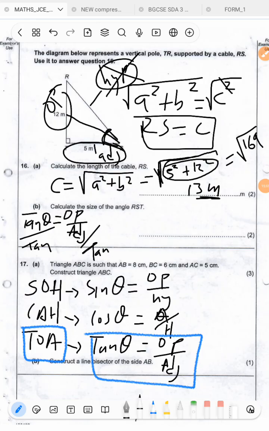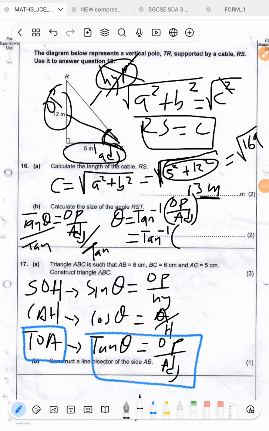When you divide by tan, it becomes theta is equal to tan inverse. You always write it like this: tan inverse of that fraction, opposite over adjacent. Then we can just plug everything inside, and then you punch that into your calculator.